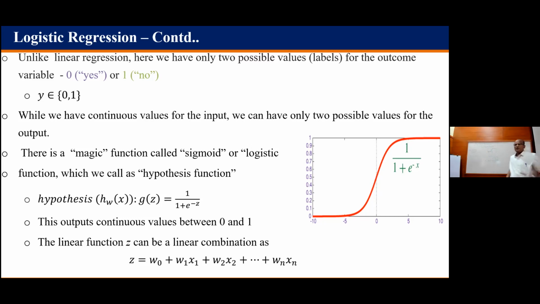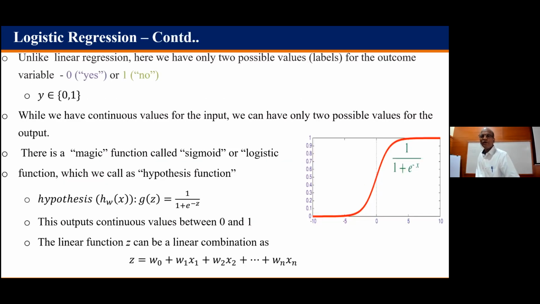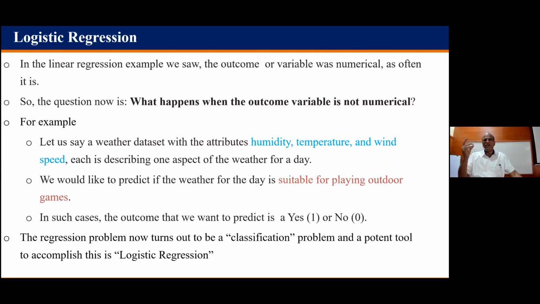Now let's connect to this problem. So let us say this is humidity, this is temperature, this is wind speed. Based on that, the output function g of z is: people will either play outdoor games or they won't play outdoor games. So these three are your variables which you can collect: humidity, temperature, and wind speed.